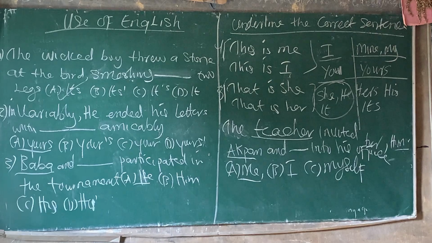Now, for the object, you use her, okay? Him, and it. Put it there, it. Alright? And me. Me is first person singular. For this one it is it, him, and her. Okay? There's no space. Put it there.